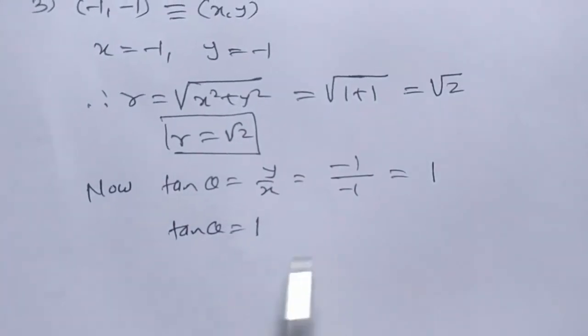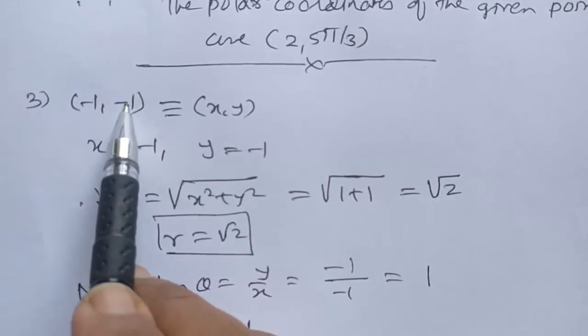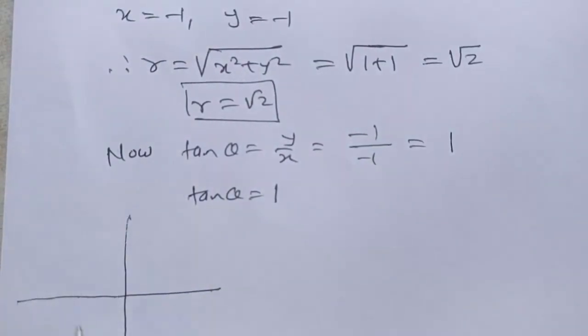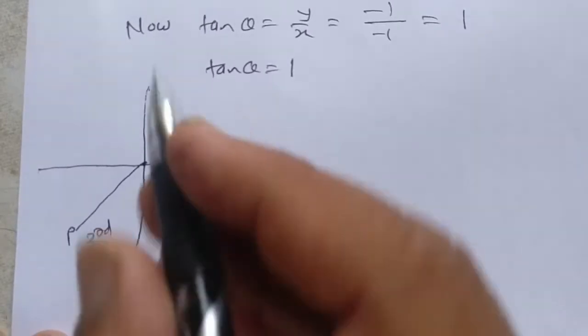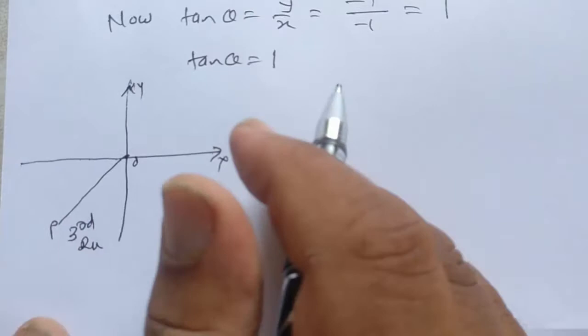Now, both are negative. X is negative, y is negative. So, it belongs to the third quadrant where tan is positive. X is negative, y is negative, tan is positive. So, the point lies in the third quadrant. X axis, y axis, origin.